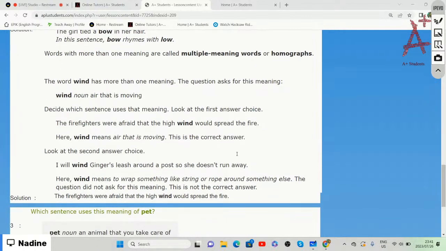And then we have another meaning of the word wind, right? I will wind Ginger's leash around a post so she doesn't run away. This word wind means to wrap something like string or rope around something else, right?